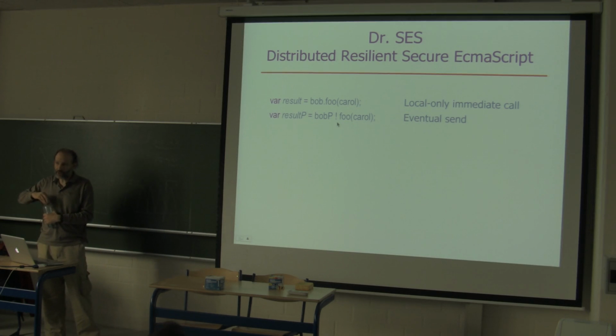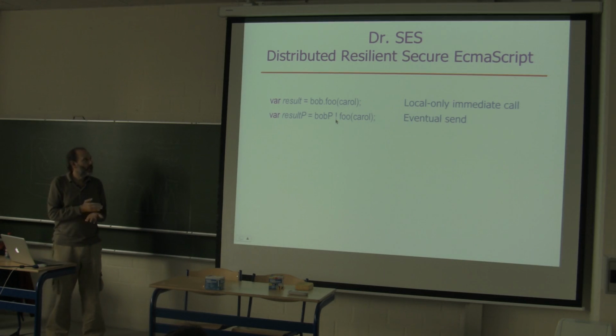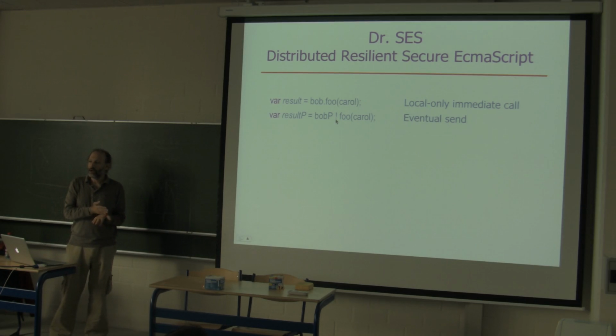The dot is just the conventional dot that we're used to from conventional imperative sequential single address space languages. Even in Dr. SES, you can only use the dot if Bob is local. By contrast, the bang means do it eventually. It means queue up the need to eventually ask Bob to do the foo request with Carol as an argument.